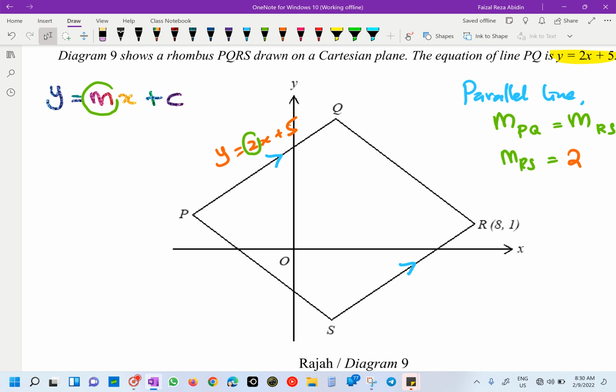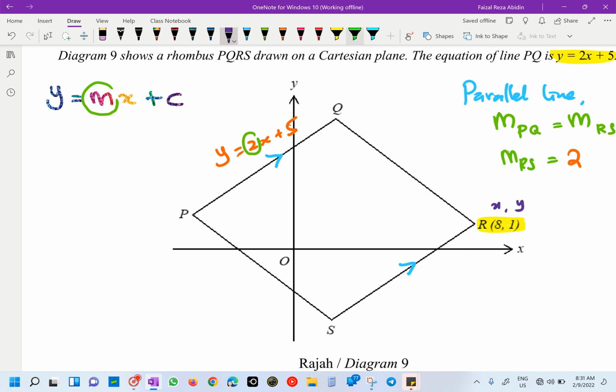If you look just now, the question is asking for the line RS, isn't it? Can you notice that in our line RS there is given to us the coordinate of R? Can we use that one? Yes. For the RS, to find the x, because this one we already have x and y.